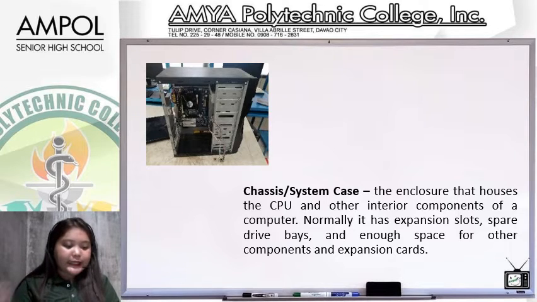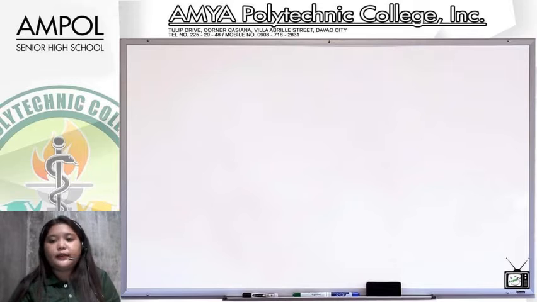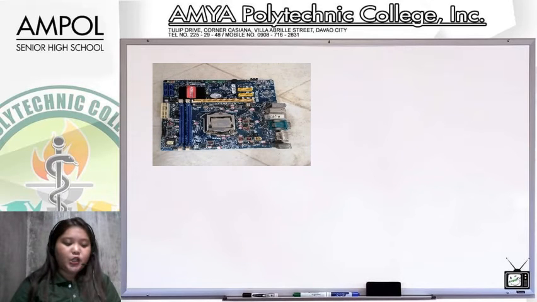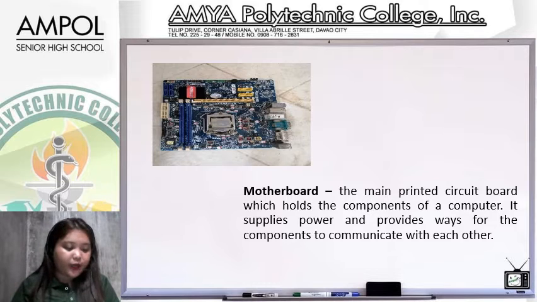Normally it has expansion slots, spare drive bays, and enough space for other components and expansion cards. Next is the motherboard, the main printed circuit board which holds the components of a computer. It supplies power and provides ways for the components to communicate with each other.